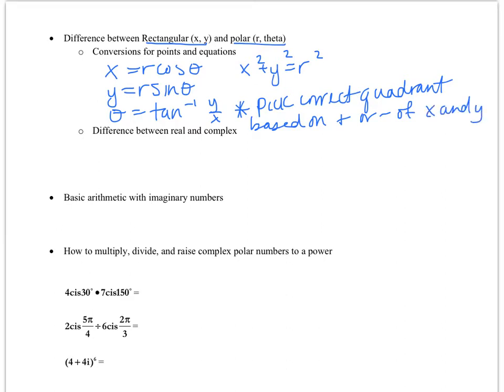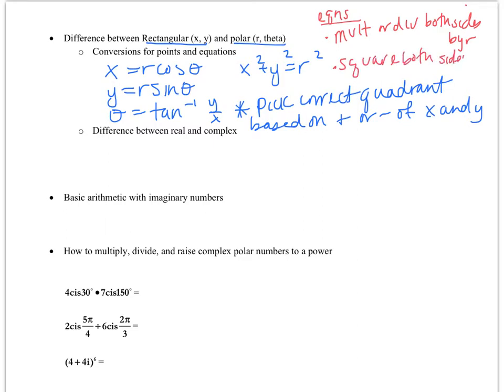Now, things you'll want to review in your notes are how to convert points from rectangular to polar and vice versa, and also how to convert our equations. Things that we talked about when we were rewriting equations was that we can multiply or divide both sides by r. We said that we can square both sides.